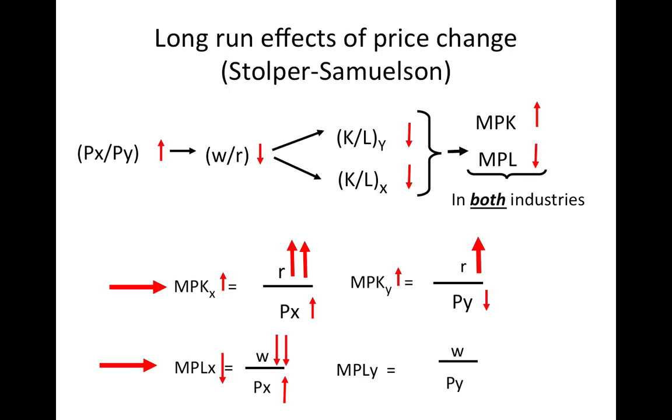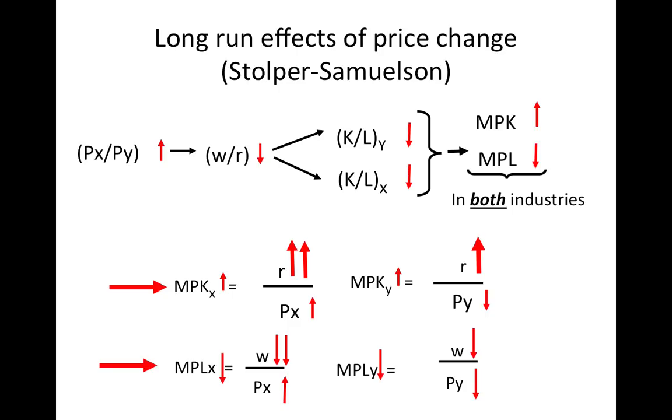In the Y sector, we know the marginal productivity of labor falls because the capital-labor ratio went down. We've got the economy-wide wage going down. And we've got the price of Y falling. So this seems ambiguous at first glance. We've got the wage falling, we've got the price of Y falling.